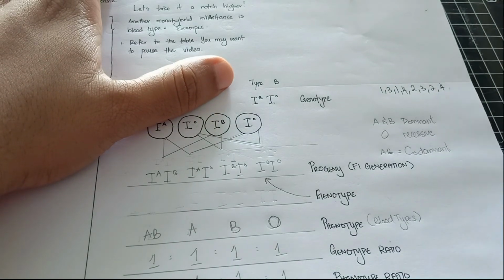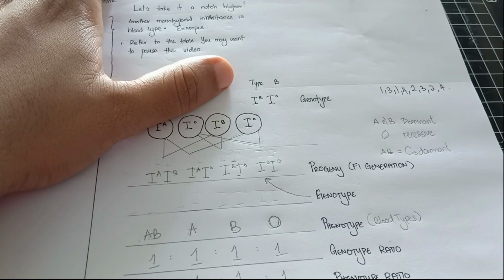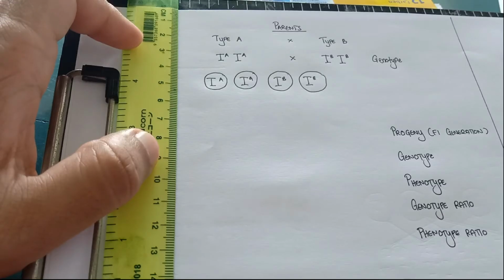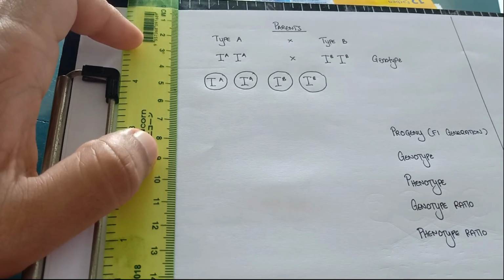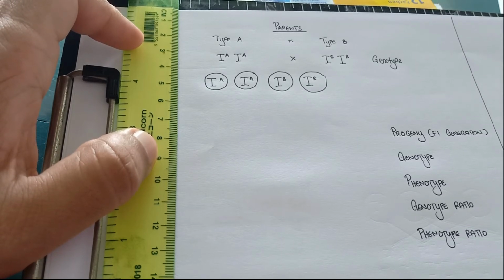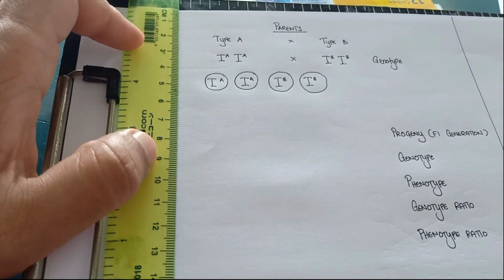So we will move on from this. We'll do a few exercises, I'll show you, and then we'll discuss more about the blood in our next online class. Now, let's do another example. Just now I gave you also type A and type B, but the difference here is the genotype. The previous example which I gave you is IA IO, IB IO.